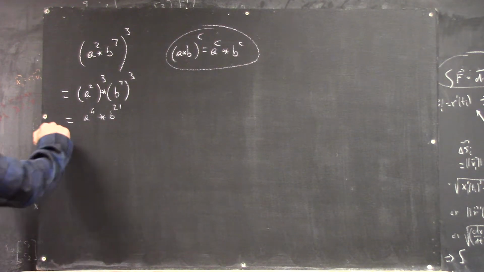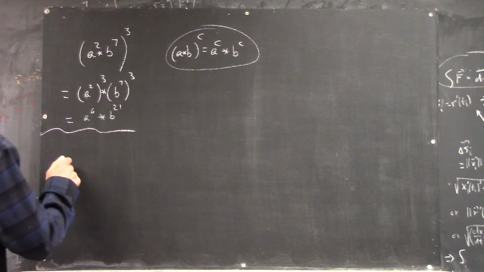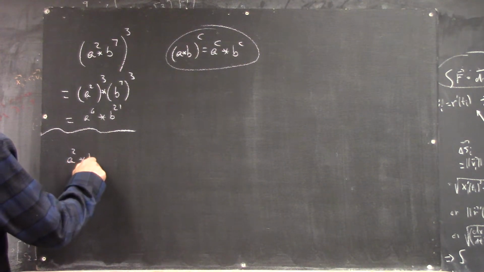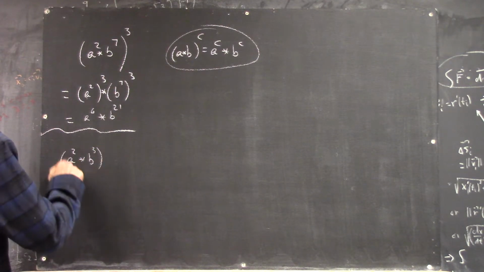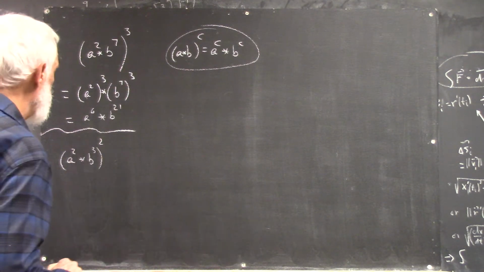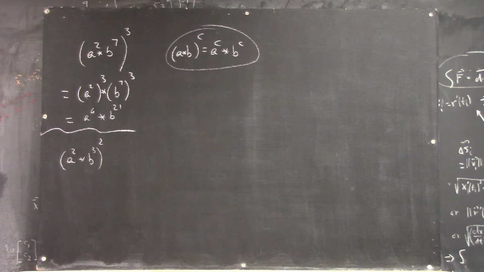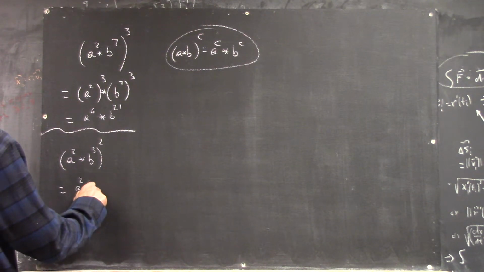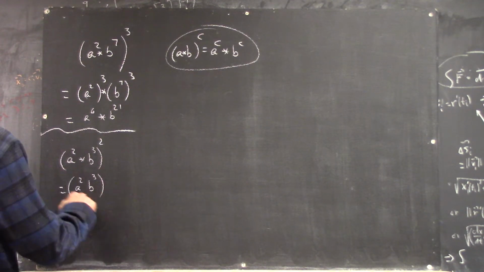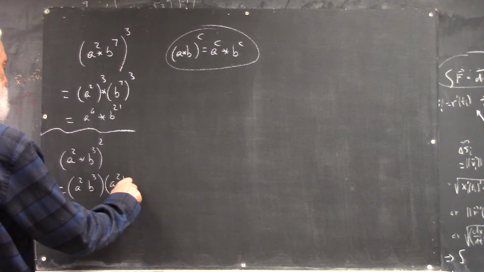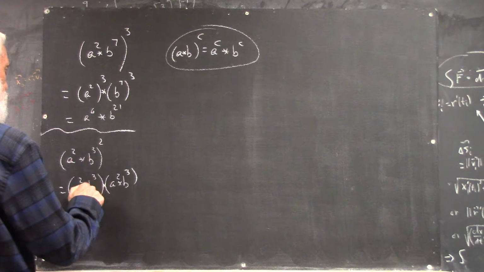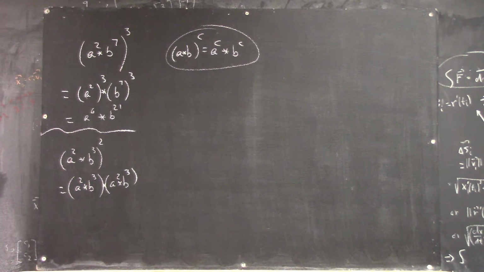Now to see why this works, what if it was just a squared times b cubed, squared, just so I don't have to write down too many terms. What does that mean? That means a squared b cubed times a squared b cubed. You agree?